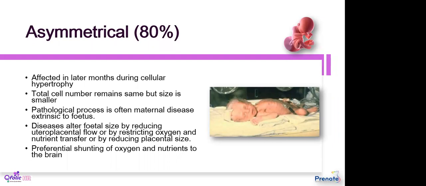The pathological process is usually extrinsic to the fetus, meaning the pathologies are in the mother, not in the fetal cells. These processes reduce uteroplacental flow, restrict oxygen and nutrition transfer, or reduce placental size. There is peripheral shunting of the blood, so that there is increased circulation to the heart and the brain.